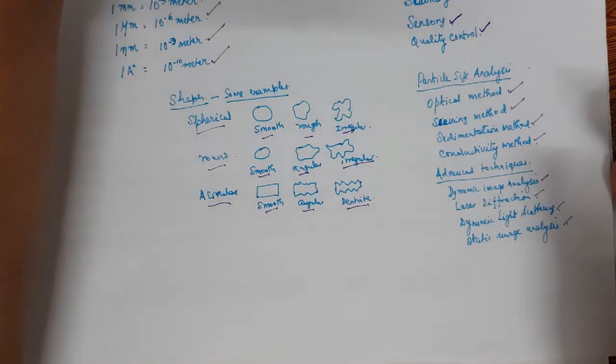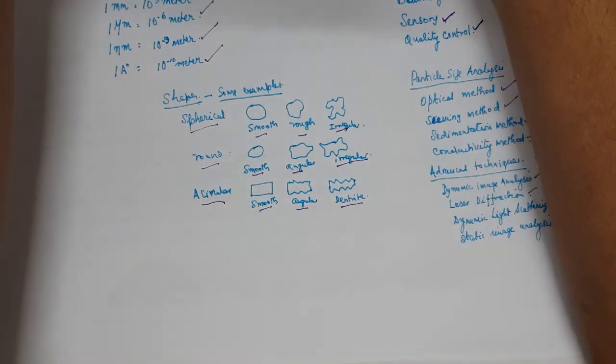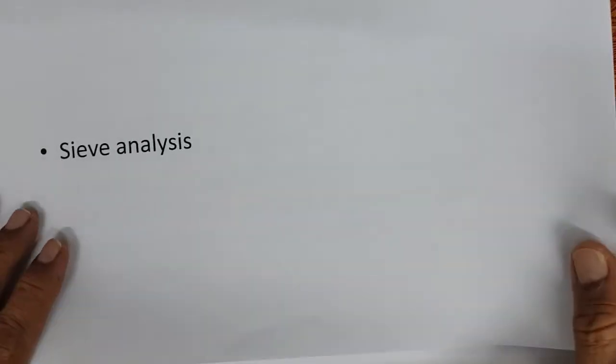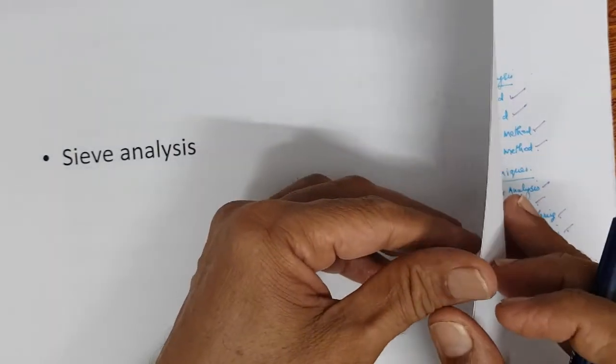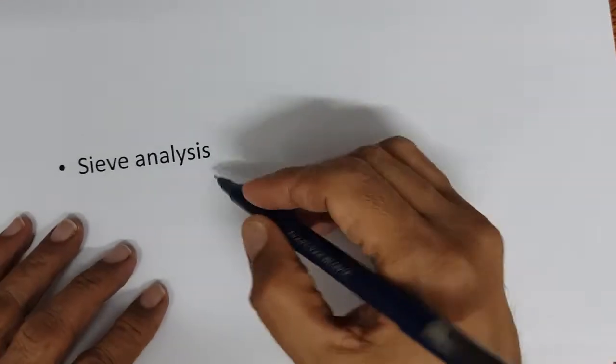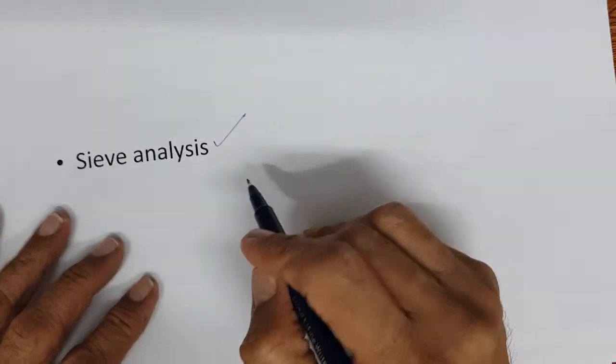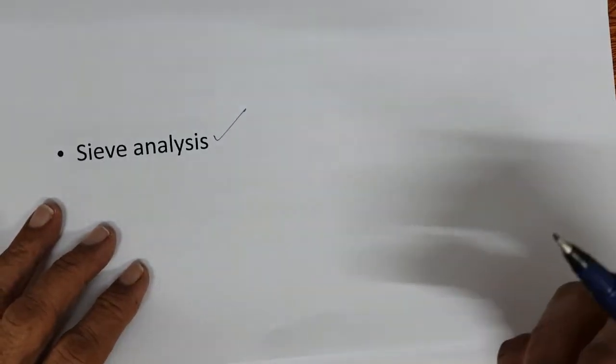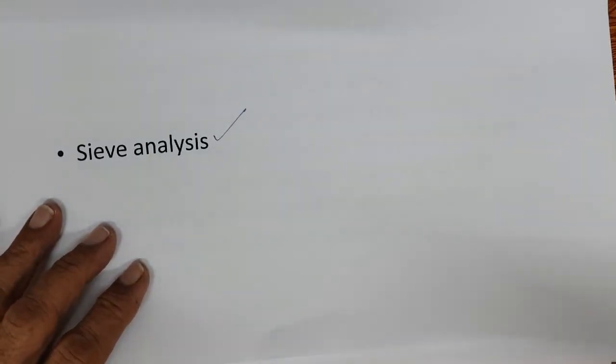The first method we will go to is sieve analysis, right? Sieve analysis is for powders, especially face powders, pigments, talc, or the inorganic pigments which we use, titanium dioxide.